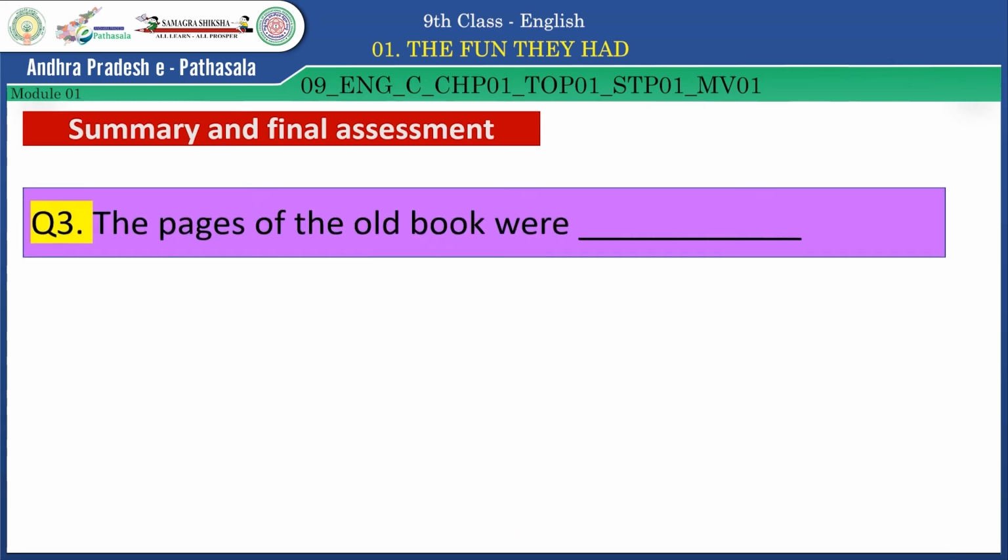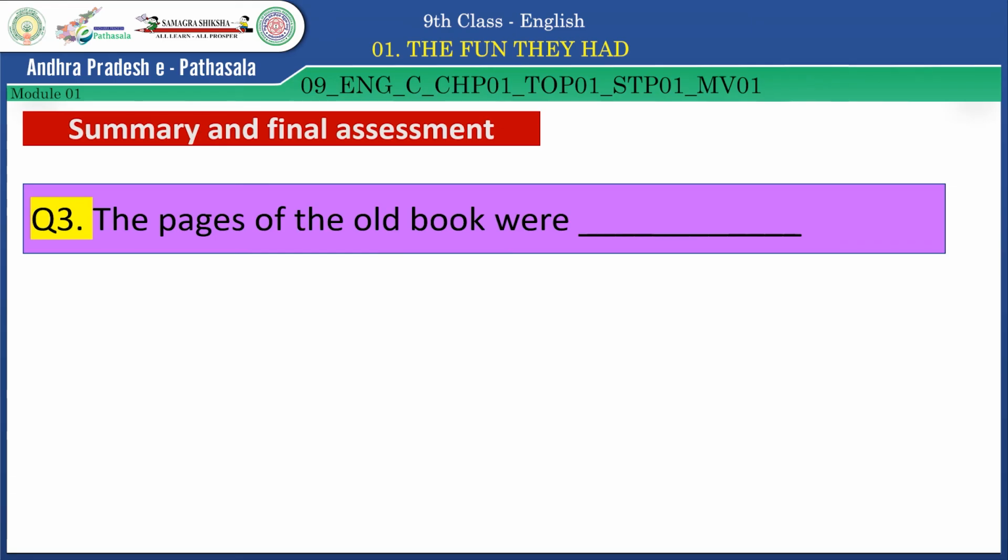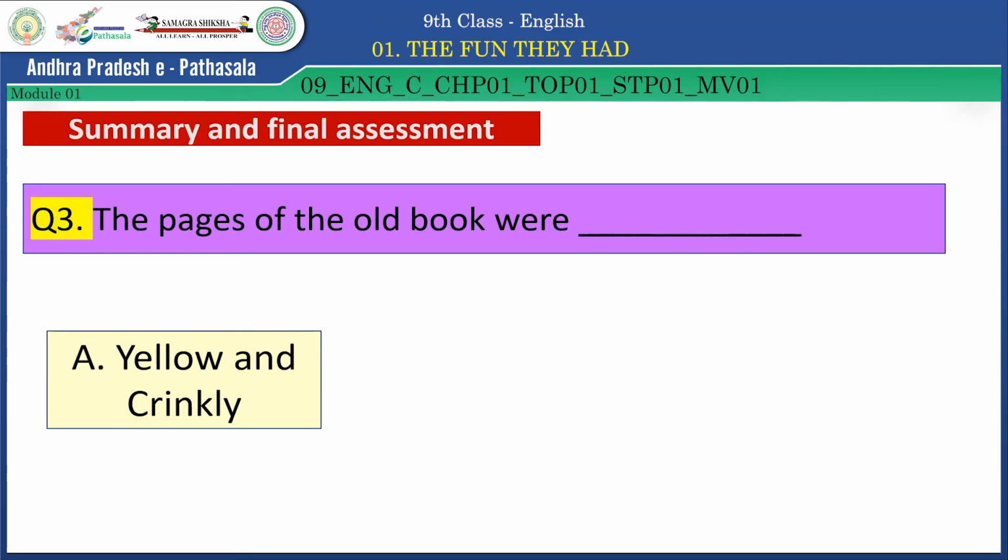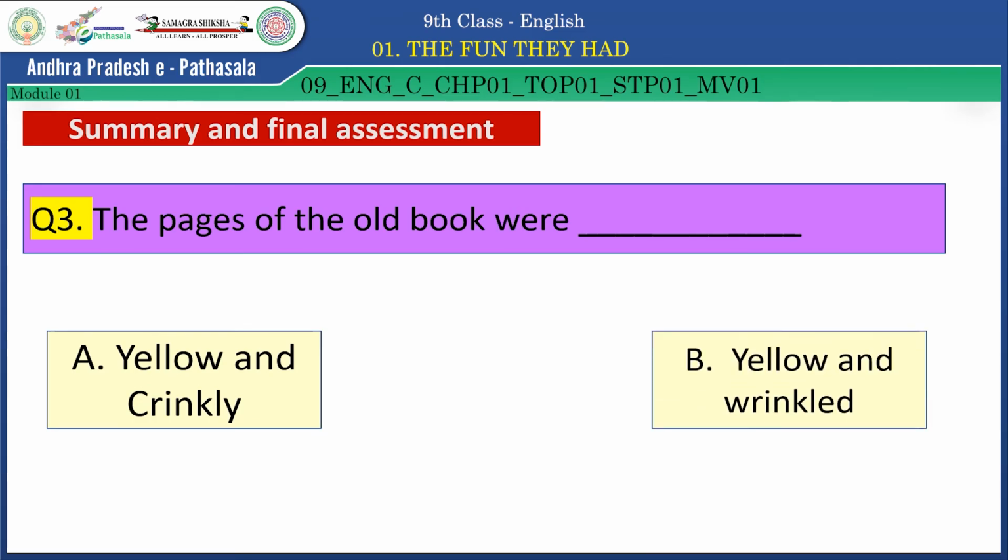Here is the third question. The pages of the old book were yellow and crinkly or yellow and wrinkled? What do you guess is the answer? Yes, the answer is A. They are yellow and crinkly. Excellent. Let's go to the next question.